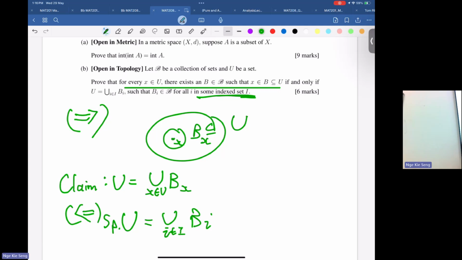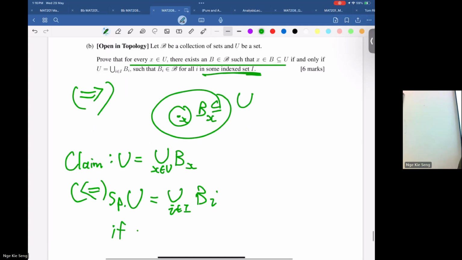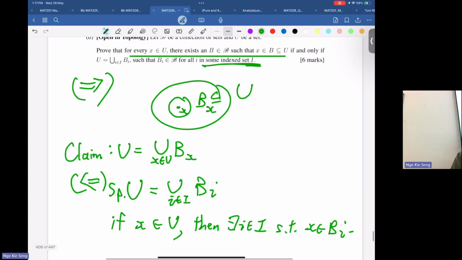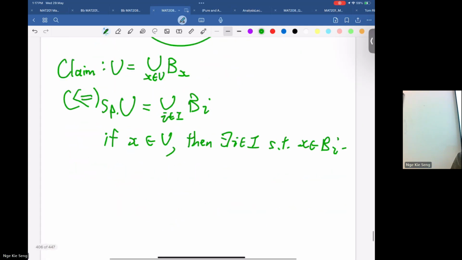Some B_i. Done, so this is the other direction. If x is in U, then there exists some i in I such that x is in B_i. So this is exactly the first sentence there. Got any questions? No. Okay.